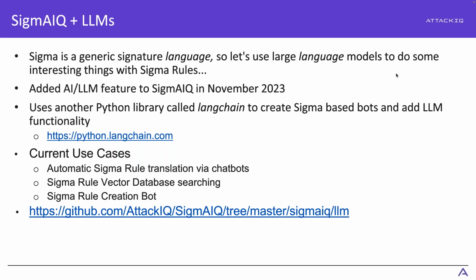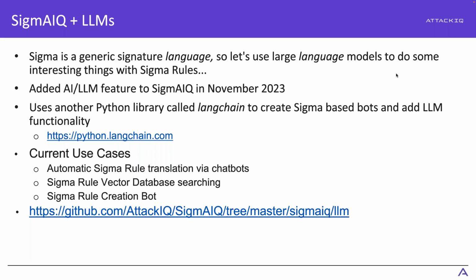Some of the current use cases that we have examples for in this repository are creating completely new rules with chatbots based on IOCs or user prompt, automatically translating Sigma rules from the Sigma rule format to whatever kind of output or security product you want with a chatbot, as well as doing similarity searching by creating a vector-based database of all the Sigma rules, which I'm going to go over now. Again, trying to keep this high level. I know it's more technical, so ask questions if need be.